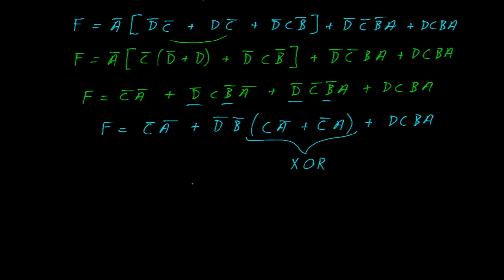At the gate level, this is our circuit. We start with that exclusive OR with inputs C and A. That goes to an AND gate along with inputs D and B. Actually, it's D naught, B naught.